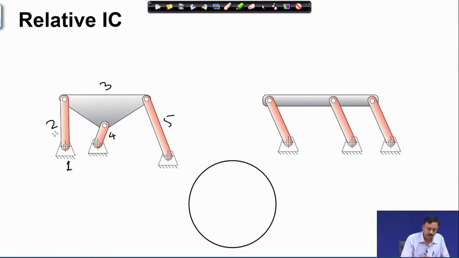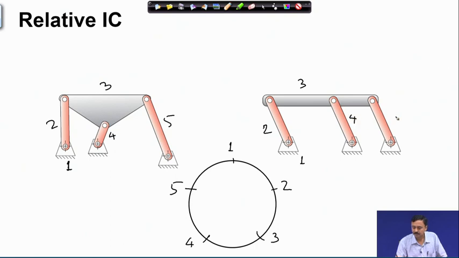So, 1 is ground, 2, 3, 4 and 5. On the right also I have another 5 link mechanism, which is only different because of the dimensions.